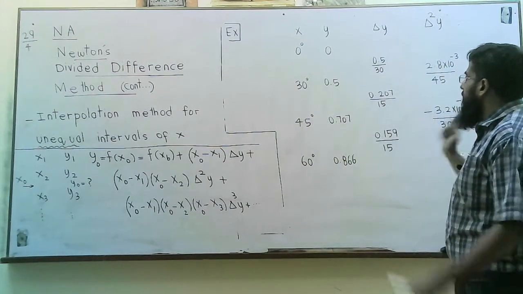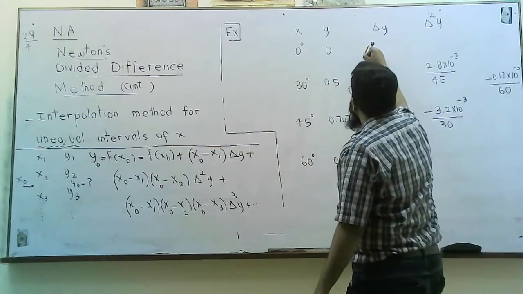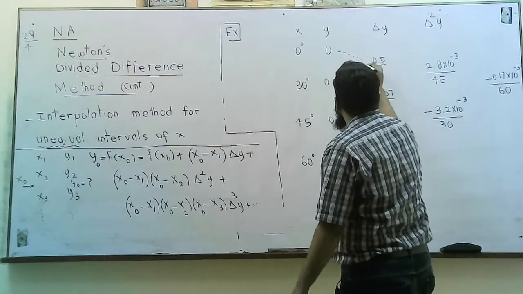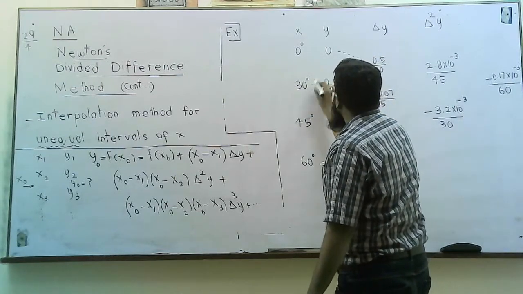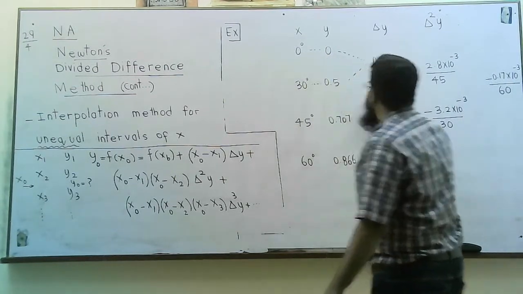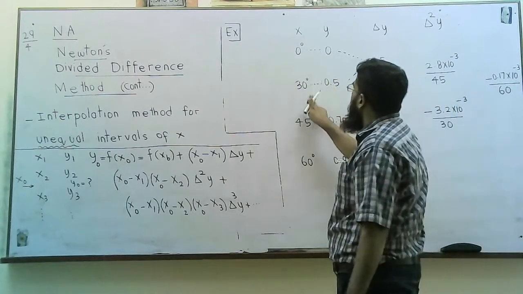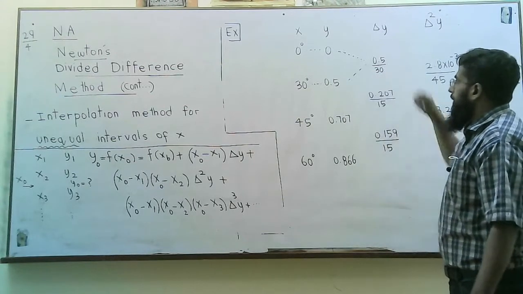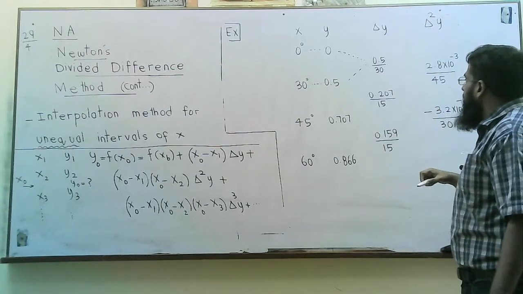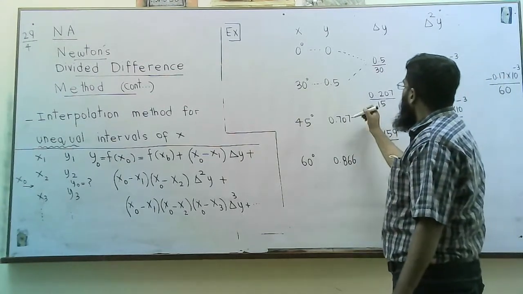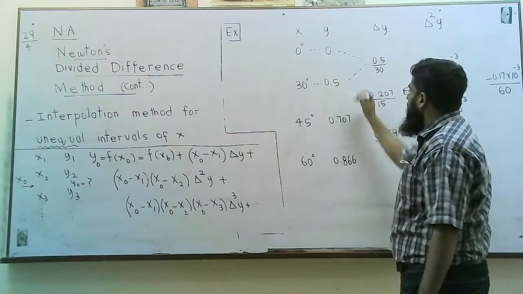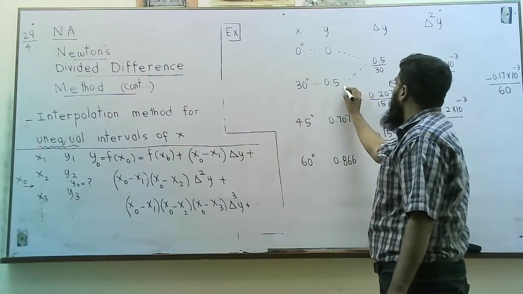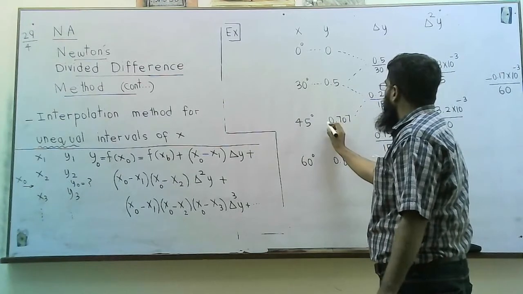Right. So actually we go diagonally, and then we go straight to find the values of x, which we have to divide in the denominator. The difference of y is in the numerator and the difference of x is in the denominator.